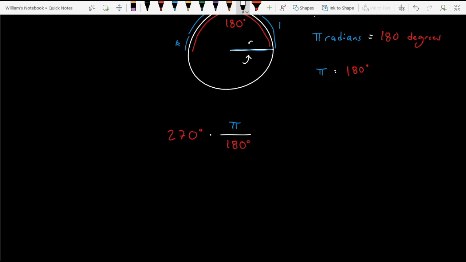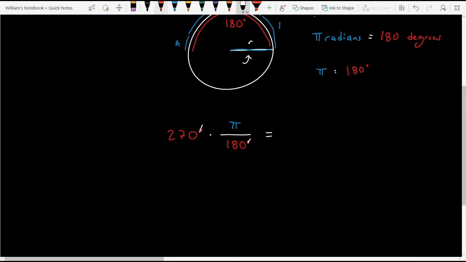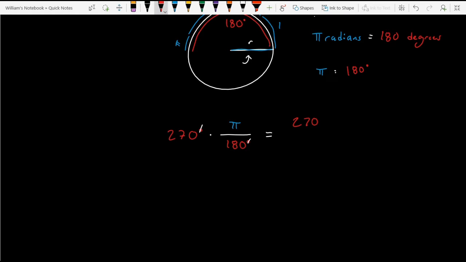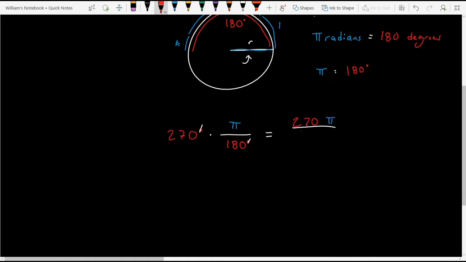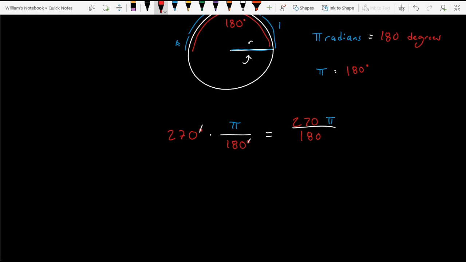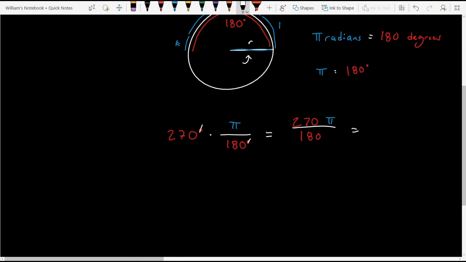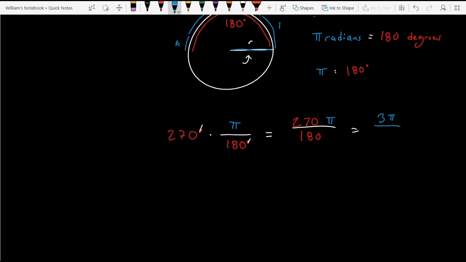Now, when we multiply this together, the degrees will cancel out, and we will end up getting 270 times pi divided by 180. If we simplify these red numbers, we will get, in full radians, 3 pi over 2.